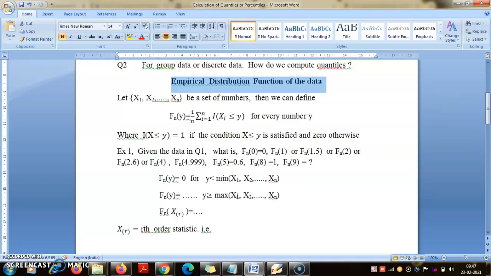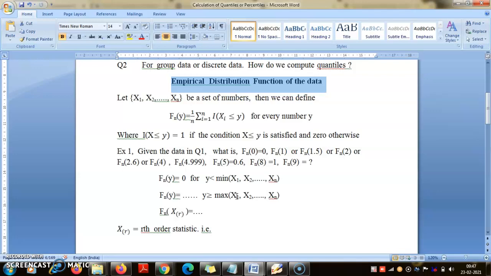In this way, this will be like a step function. It will be like a staircase which is at the ground level 0 to the left of the minimum. At the minimum it climbs the first step, 1 by n. From the minimum up to x2 it will be 1 by n. So the first step will continue. At the second order statistic it will climb the second step of height 1 by n.